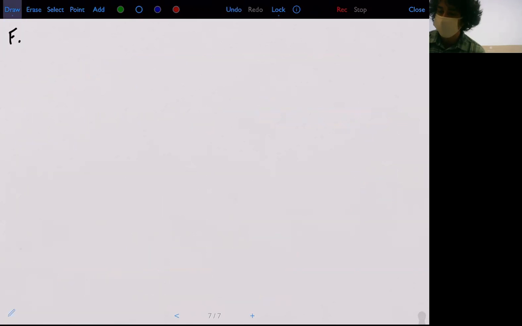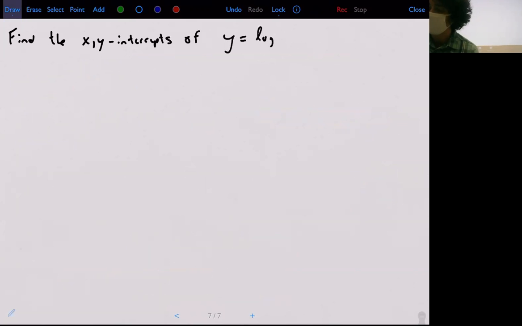And what we want to do is find the x and y intercepts of the logarithm y is equal to the log base 2 of x minus 3 plus 1.